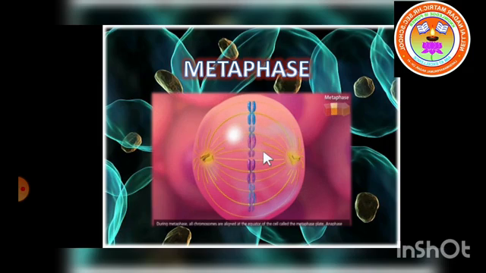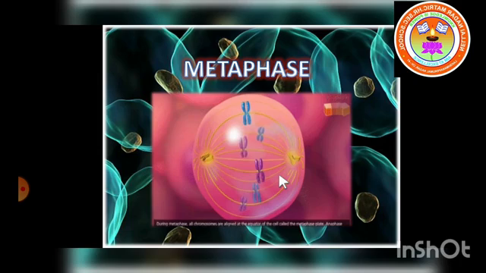Each chromosome gets attached to the spindle fibers by its centromere. The centromere of each chromosome divides into two, each being associated with a chromatid.